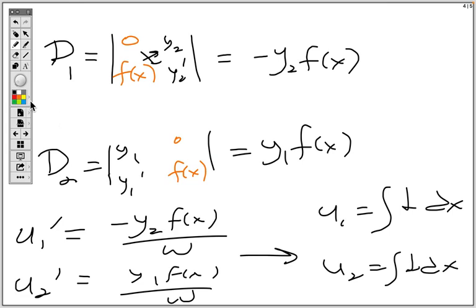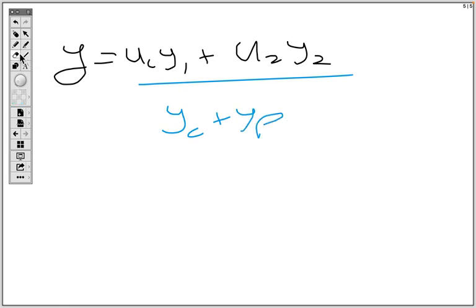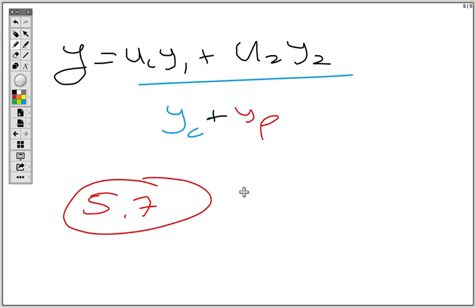And the arbitrary constants of integration c1 and c2 would actually capture everything, the yc and the yp then. Okay, so that's a bird's eye overview of the variation of parameters. Once again, that was from section 5.7.